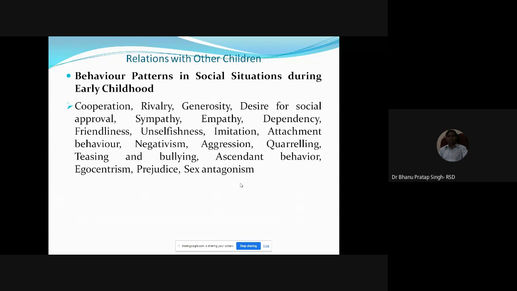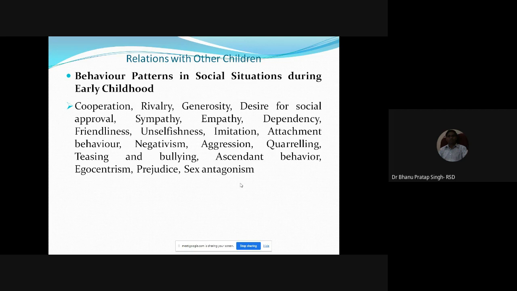In social situations, there are cooperation, rivalry, generosity, desire for social approval, sympathy, empathy, dependency, friendliness, unselfishness, imitation, attachment behavior, negativism, aggression, quarreling, teasing, and bullying, antecedent behavior, egocentrism, prejudice, and sex antagonism.